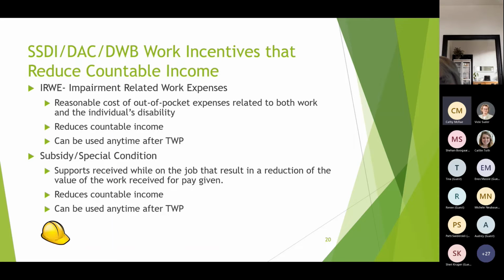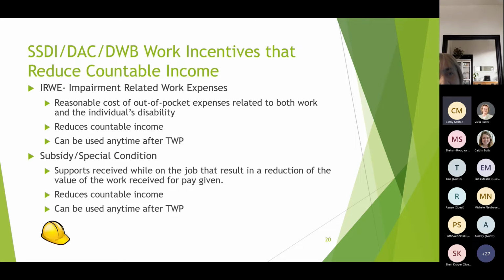But let's say that you're working at McDonald's and you have to pay for your uniform, or you have to pay to have your uniform cleaned. That is a work expense, but it's not related to your disability, so it would not count as an impairment-related work expense.